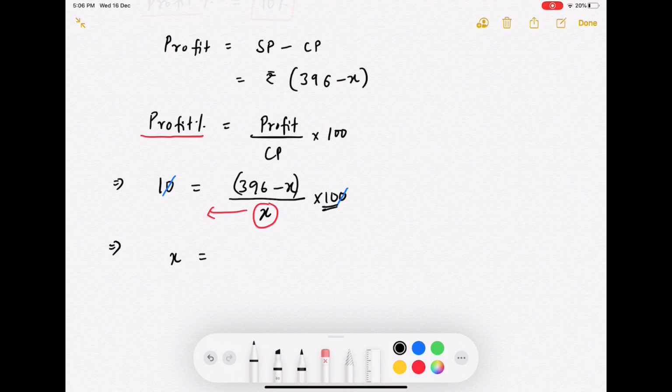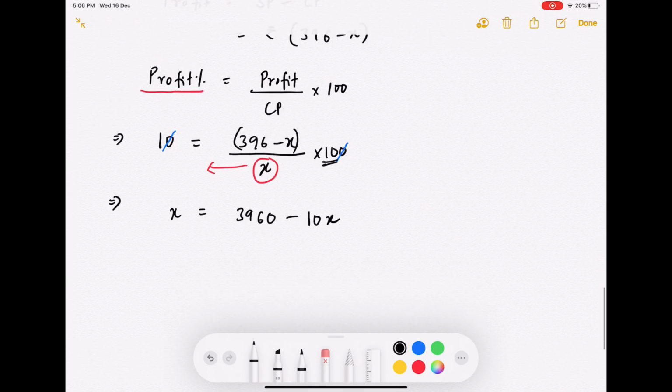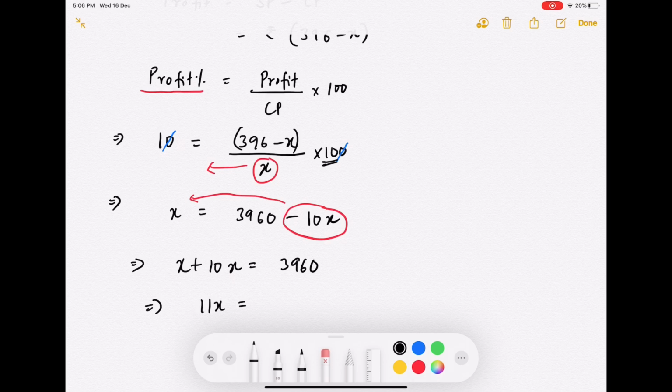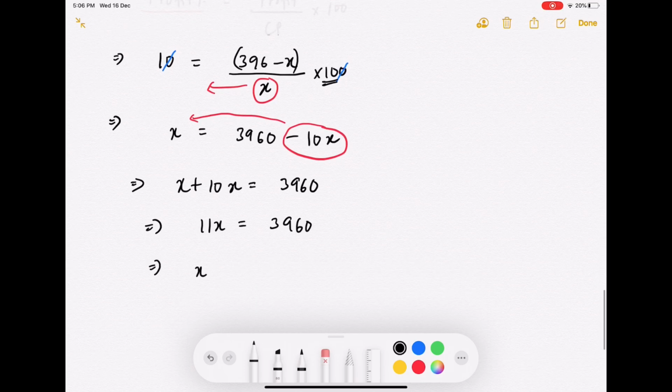So this will give me 3960 minus 10x, and that is equal to x. So I can bring the minus 10x to the other side. This will give me plus 10x. So x plus 10x is equal to 3960. So 11x is 3960. Therefore the value of x is 3960 divided by 11.